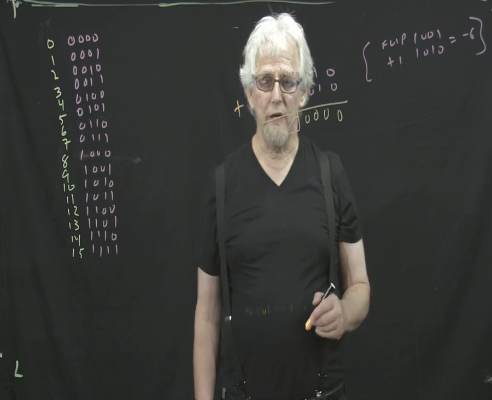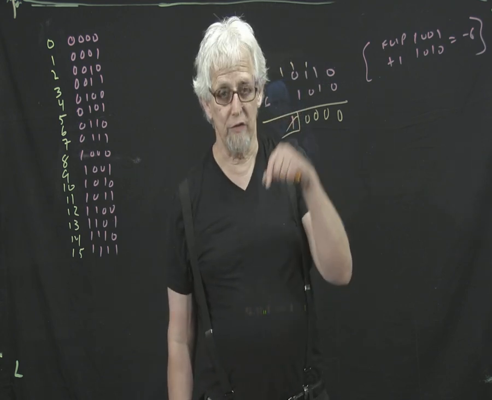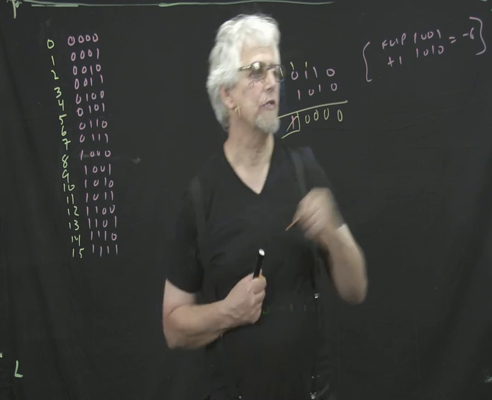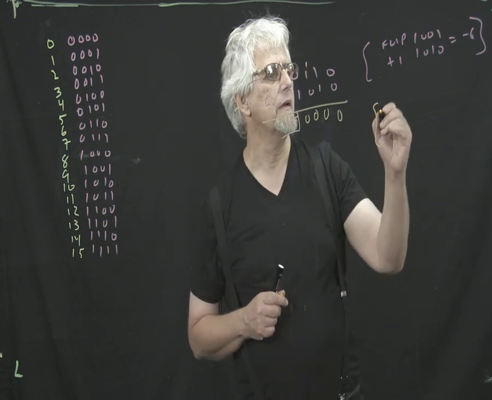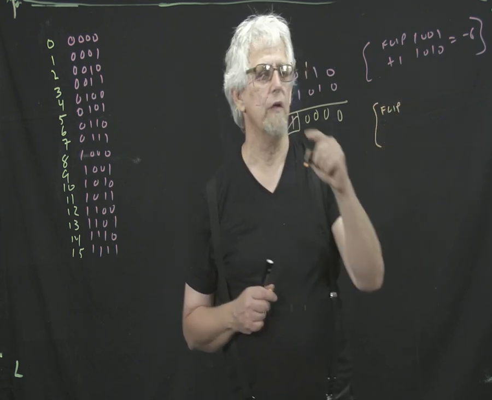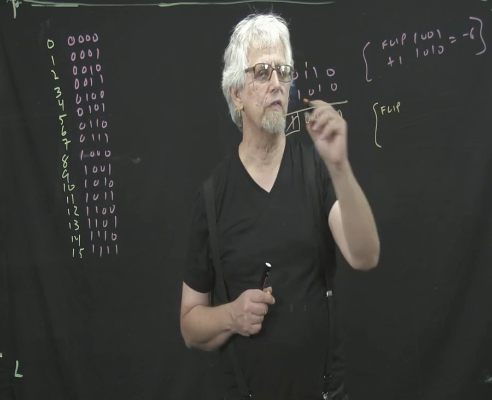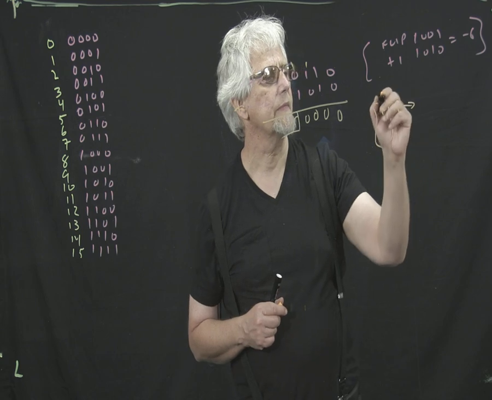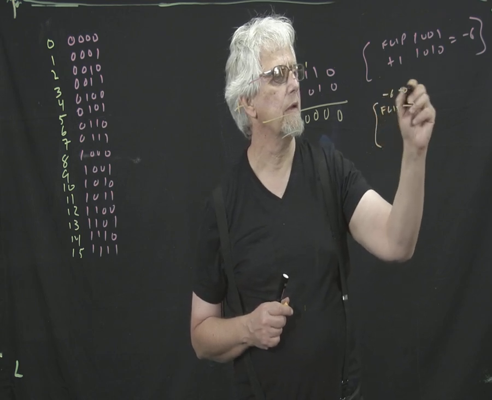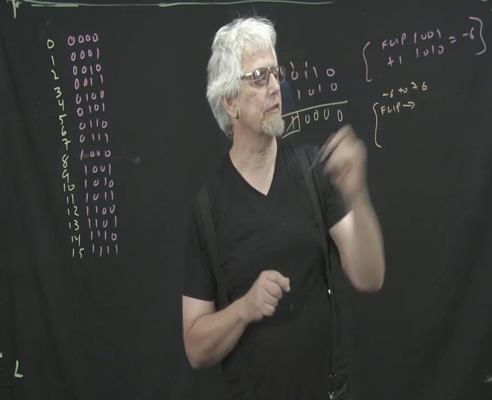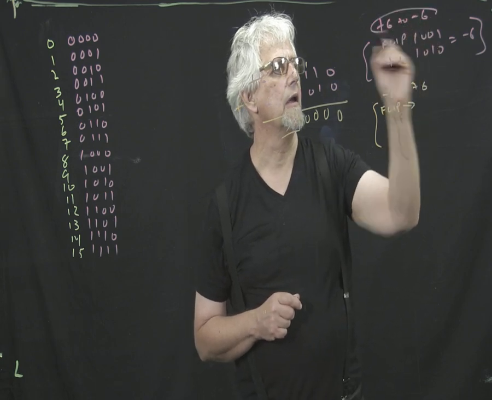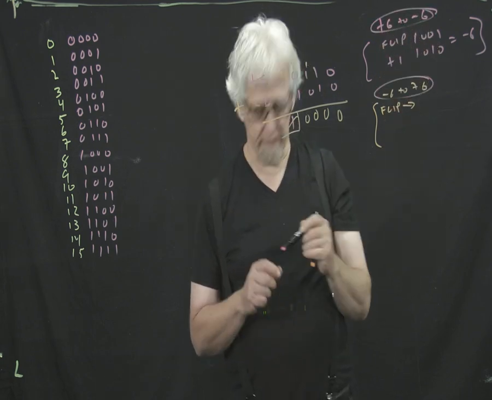And again, we can show that we can use the same process to convert from minus 6 to plus 6. So 1, 0, 1, 0, we'll flip it. This was plus 6 to minus 6. Minus 6 to plus 6.